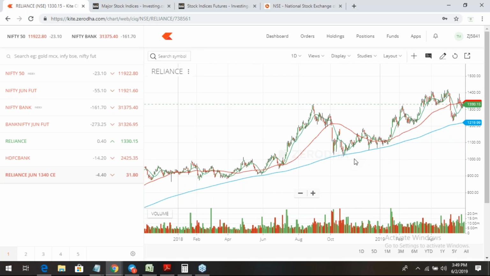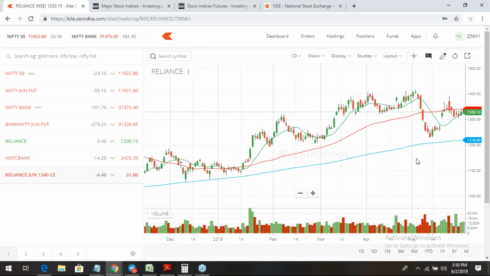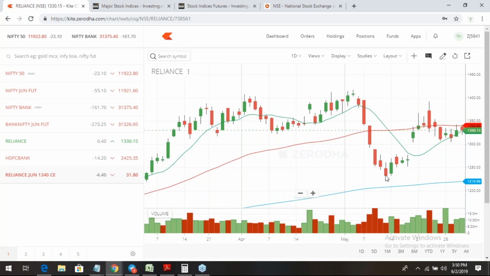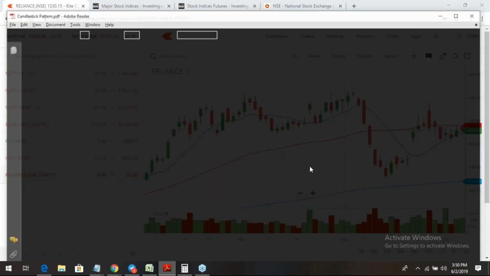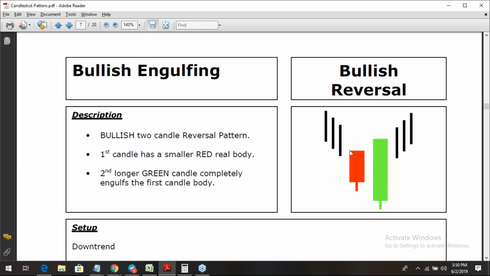So after the inverted hammer, approximately a bullish engulfing formed. Where is the bullish engulfing? This is not bullish engulfing. Did we teach you bullish engulfing? See, this is bullish engulfing.